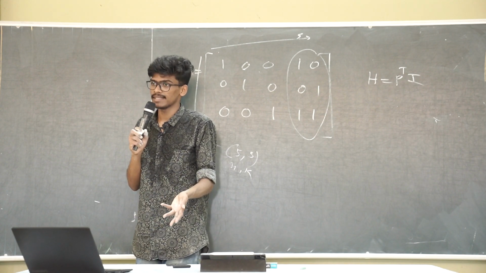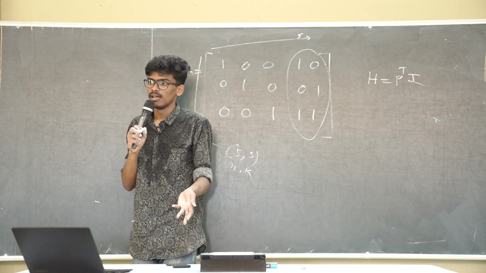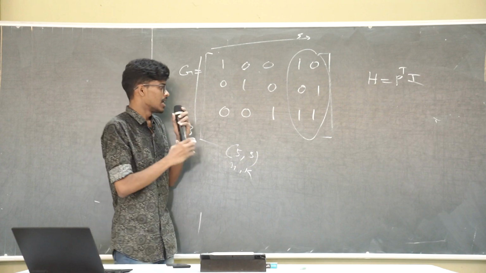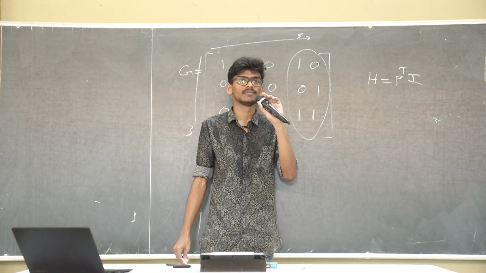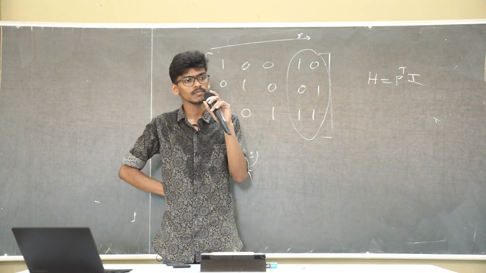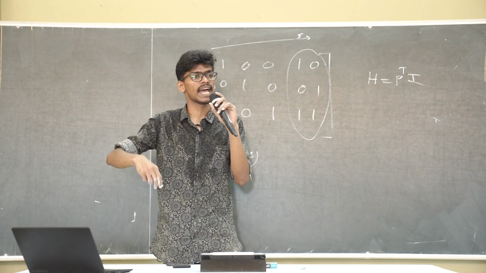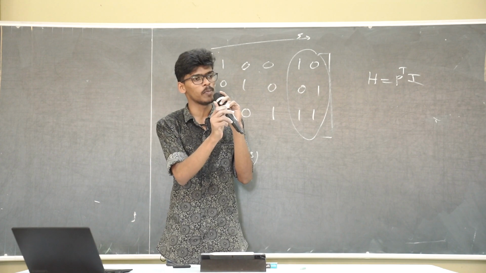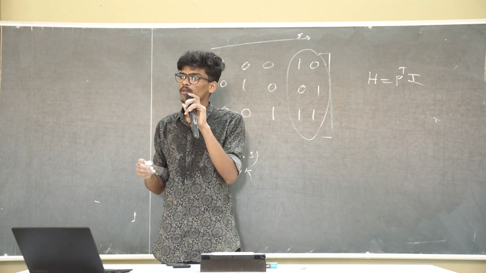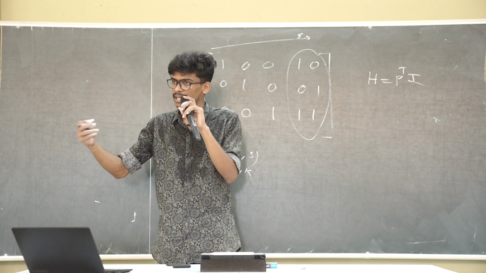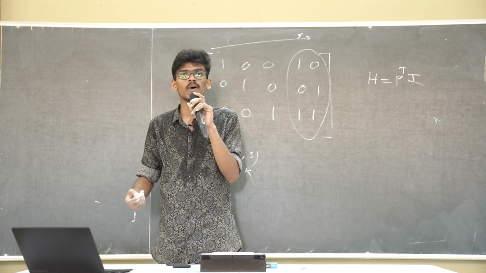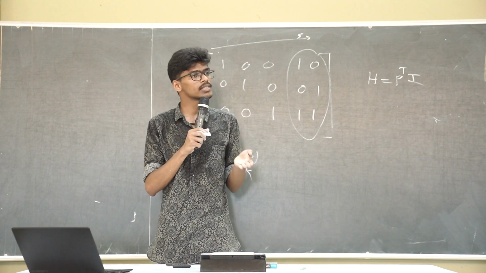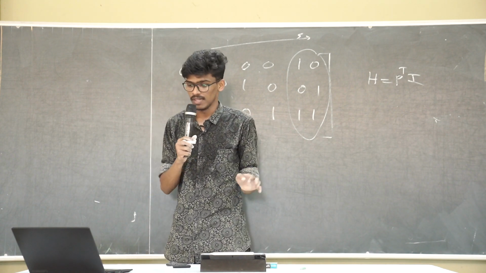How many can be detected? Undetected codes: total how many bits are there? You find out how many it can detect, how many it can't detect. Total output bits are n, right? So you subtract, undetected divided by total. That is the undetected probability. You can find out, right? Is that so difficult? No.